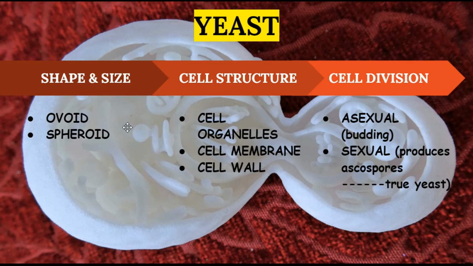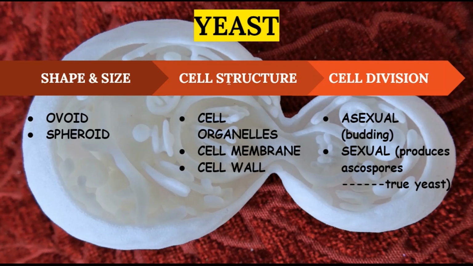Ovoid is like an oval shape and spheroid is a sphere shape. These lack locomotion organs, as we have seen in bacteria that they have flagellum which helps in locomotion. These cannot. They appear moist, slimy, creamy, or like film scum, or whitish.